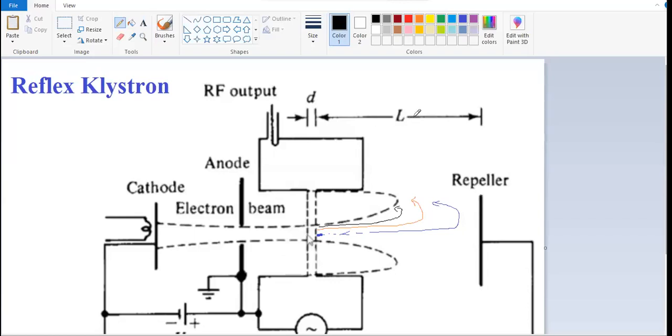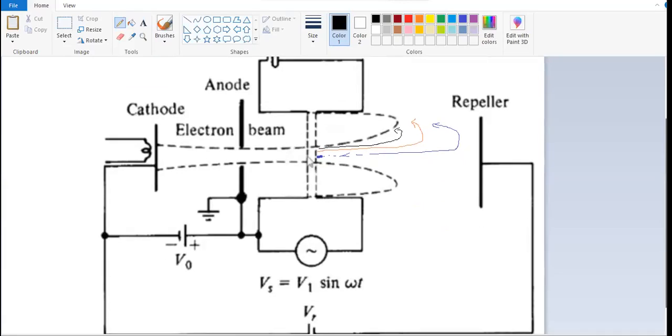So this is your distance L, the length specification. Now we will go further.